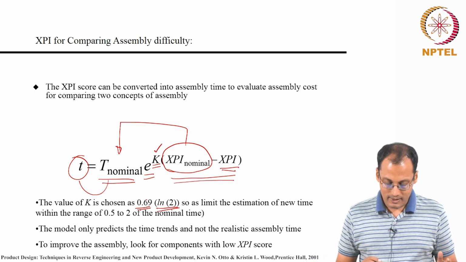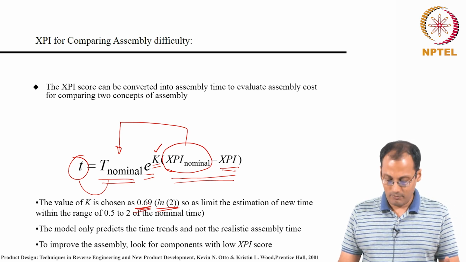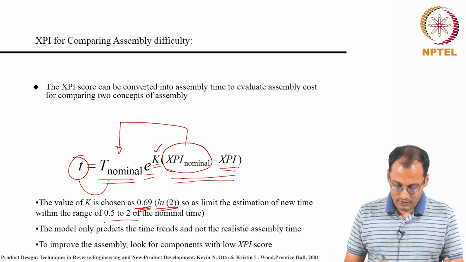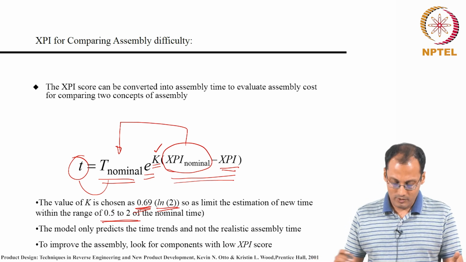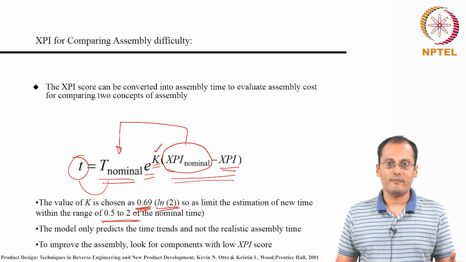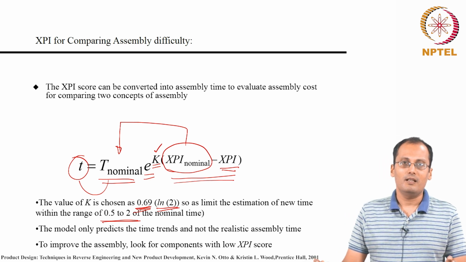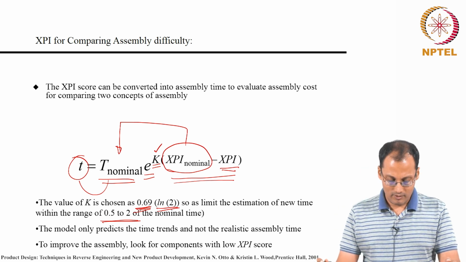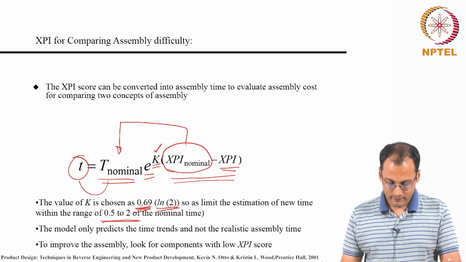So, this basically limits my range of interpolation, so that the new time is within 0.5, that is half the nominal time to twice the nominal time. So, this is just to ensure that the range of estimation is limited to basically half or twice the nominal time.